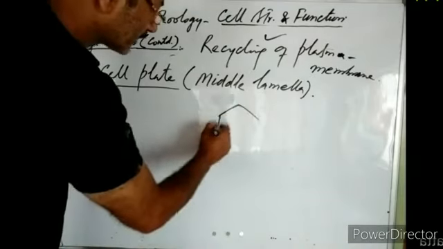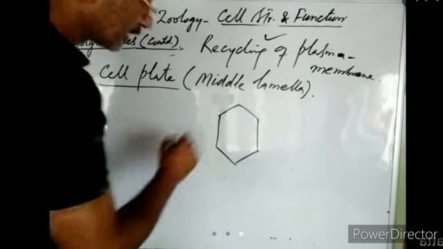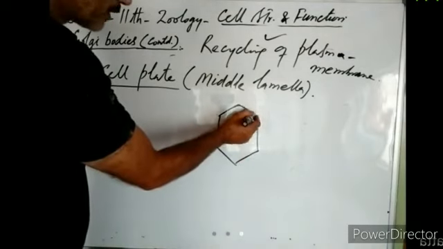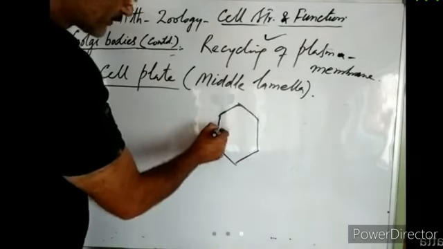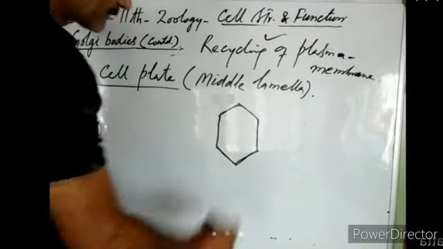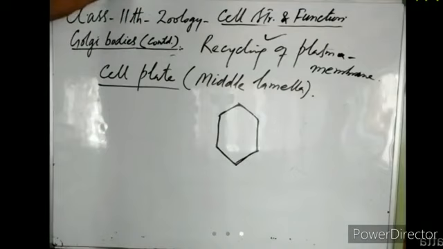As I told you earlier, when the plant cells divide, when they undergo mitosis or meiosis, this plant cell is bounded externally by a rigid cell wall. So this cell wall doesn't divide by invagination. This cell wall cannot invaginate because it is a rigid and hard structure.